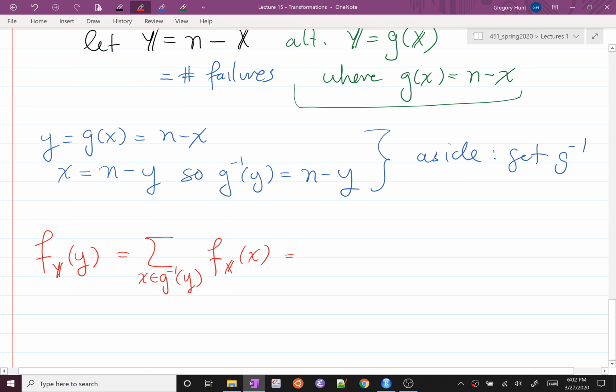And if x is in the inverse image of y, the inverse here is just n minus y. So this is just x being equal to n minus y, and then we're going to sum the PMF at each of those x's.